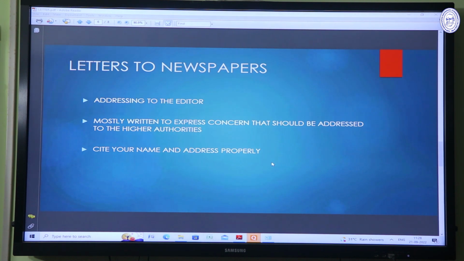So, you want to bring it to the fore, you want it to be known by all. So therefore, you have chosen the medium of newspaper. You are writing the letter to the editor of the newspaper, hoping that he will publish your letter so that people who are the readers of the paper will learn exactly what's going wrong with you, right?